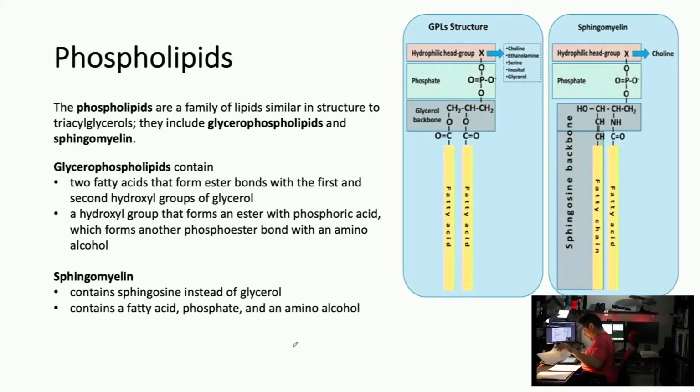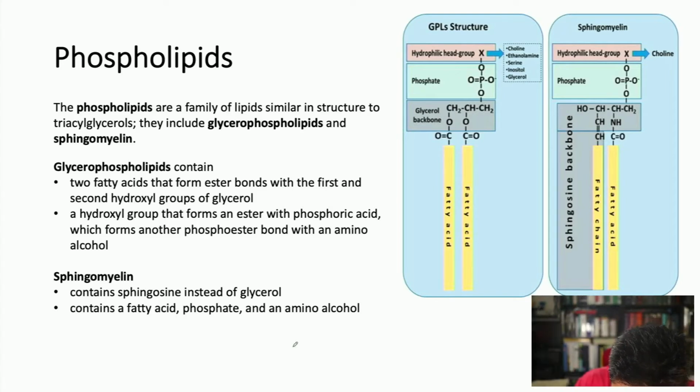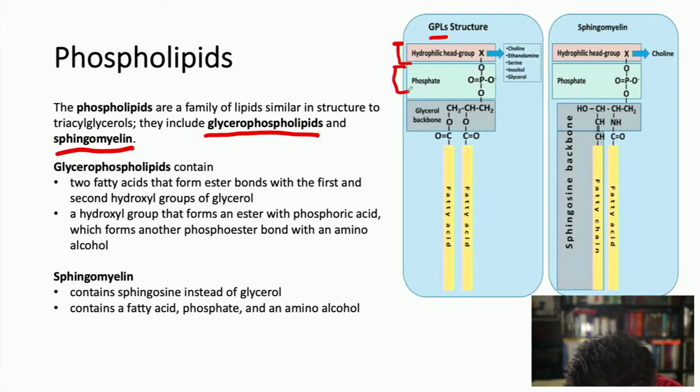So, phospholipids are in a family of lipids that are similar in structure to the triacylglycerols, but they include the glycerol phospholipids and the sphingomyelins. So here's your glycerol phospholipids right here, and they have a hydrophilic head group with a phosphate connecting to a glycerol backbone to two fatty acids right down here.